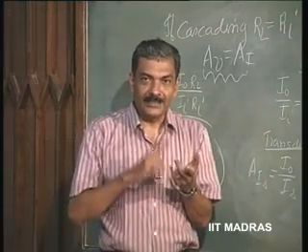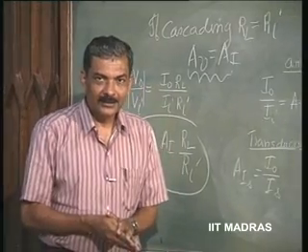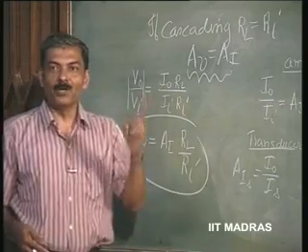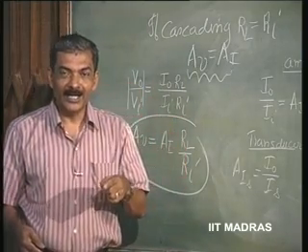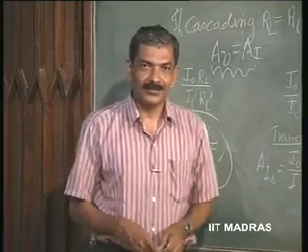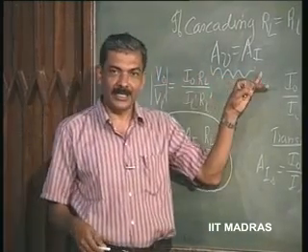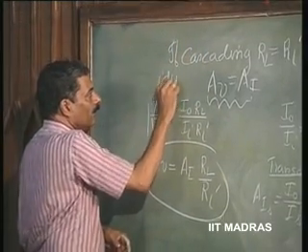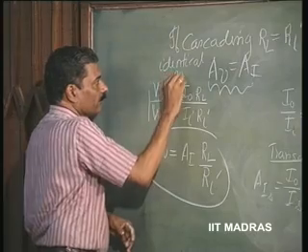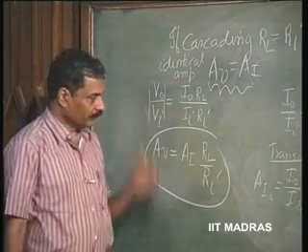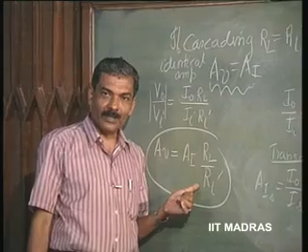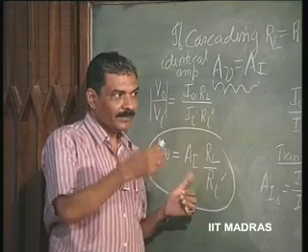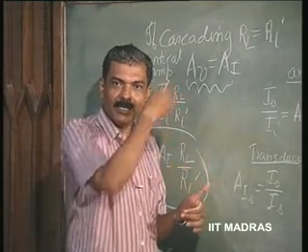If they are identical amplifiers, it should be capable of giving both voltage gain and current gain in order to give any one gain, because current gain is the same as voltage gain if identical amplifiers are cascaded. Because the input resistance of one amplifier becomes the load of the other amplifier.